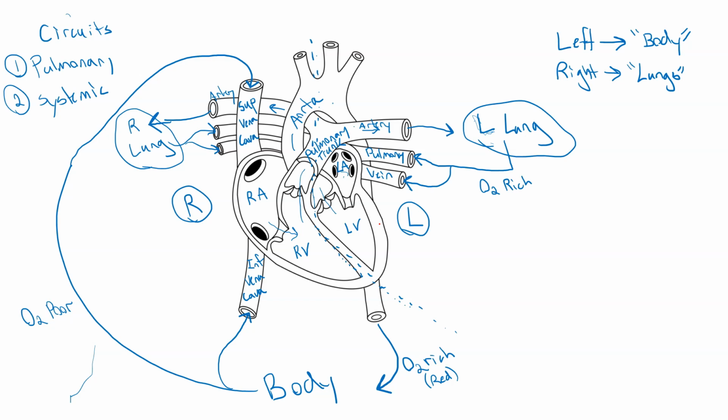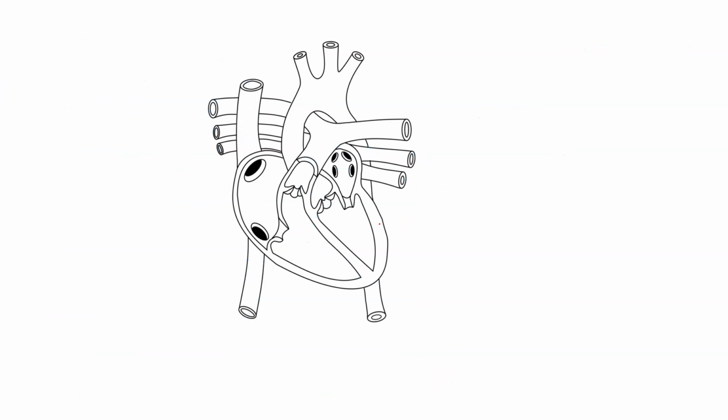Now let's take it a step forward and talk about the valves. There are 2 sets of valves in the heart. There are 2 atrioventricular valves, right here. You can abbreviate them AV.